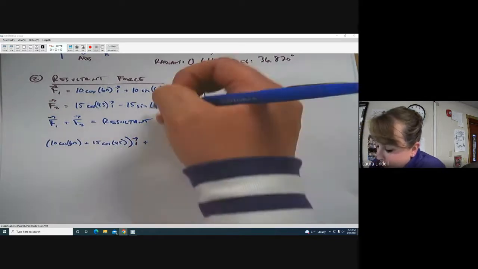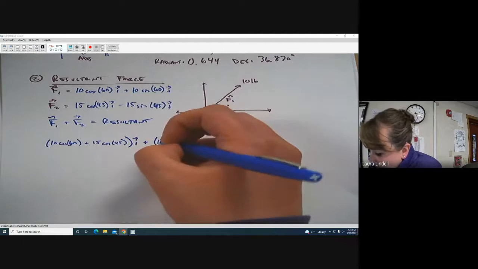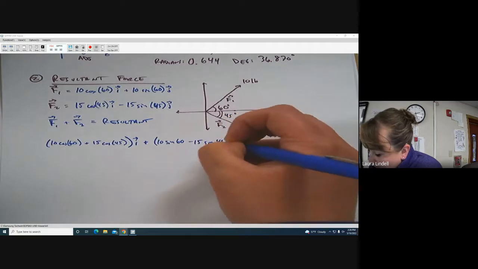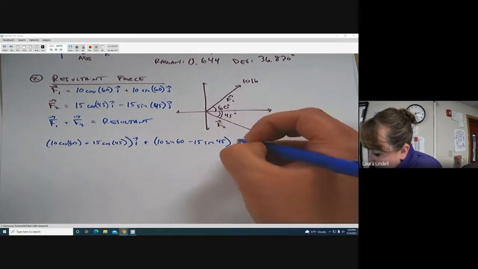And then combining our vertical components, we get 10 sine of 60 minus 15 sine of 45 j.